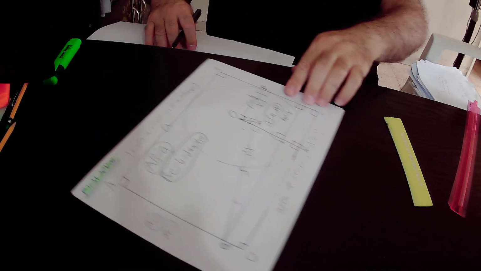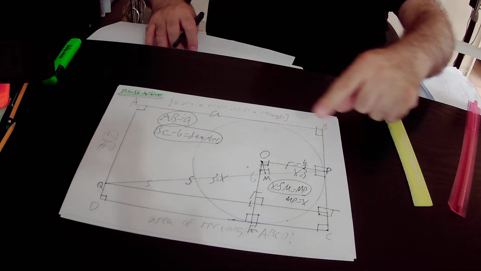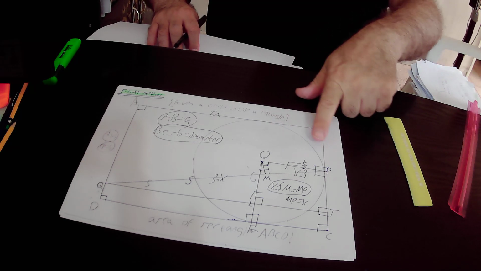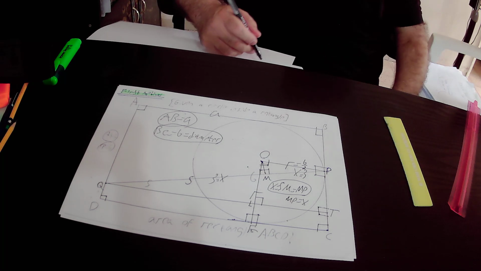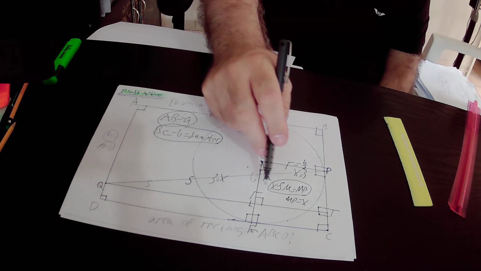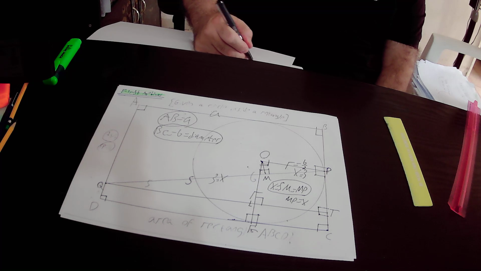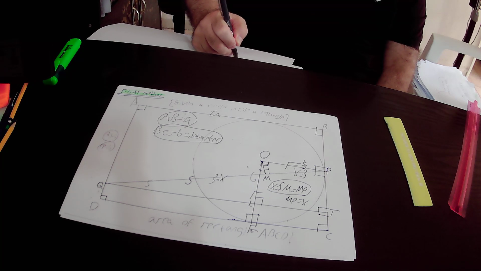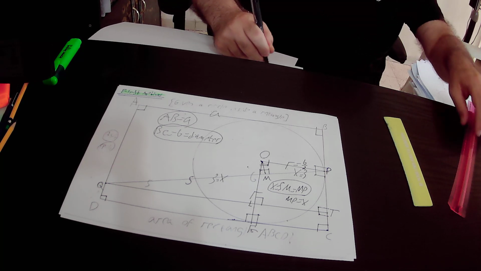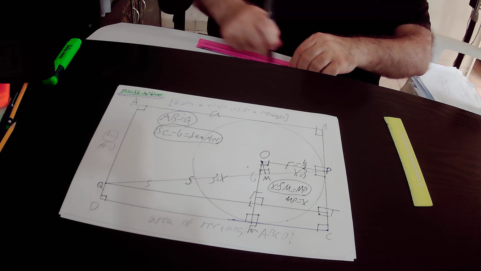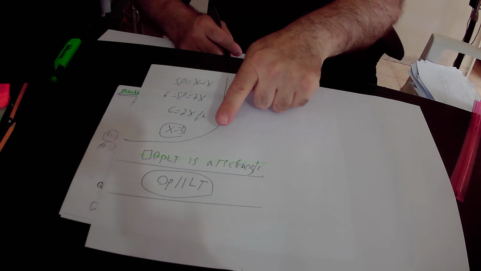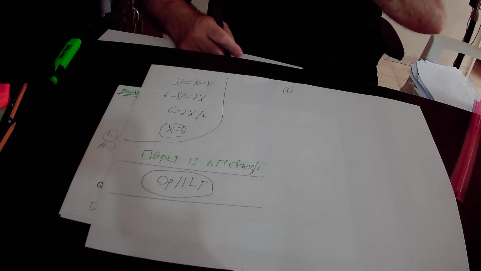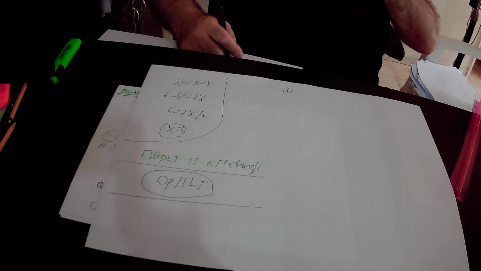That is to say, in rectangle QPLT, side QP is parallel to side LT. I repeat again, in rectangle QPLT, side QP is parallel to side LT according to the rule that the opposite sides of a rectangle are parallel to each other.